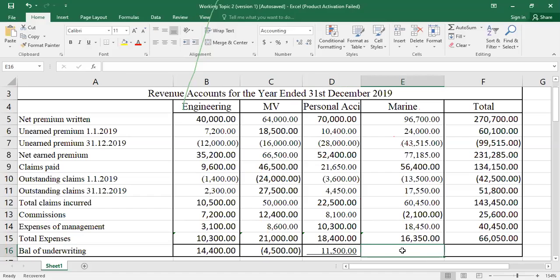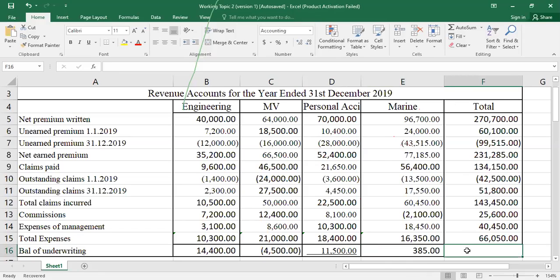Then we have for the marine, 385 profit. Yes, profit.